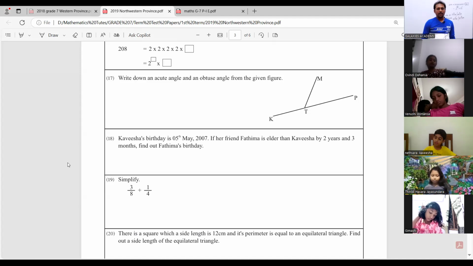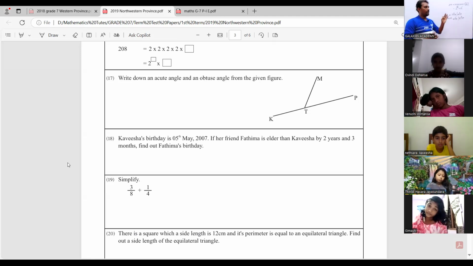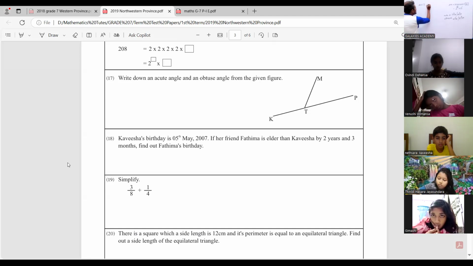His friend Fatima is elder than Havish by 2 years, 3 months. Days are not given, that means days should be 0. Find out Fatima's birthday. Right, Havish's birthday I will write: 2007 May. May means January, February, March, April, May, the 5th month, no? And the date is 5th.